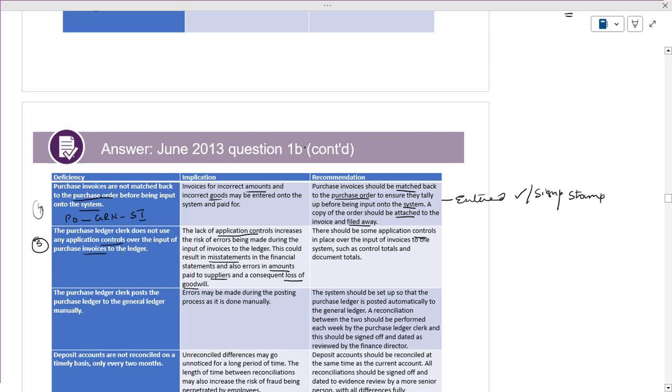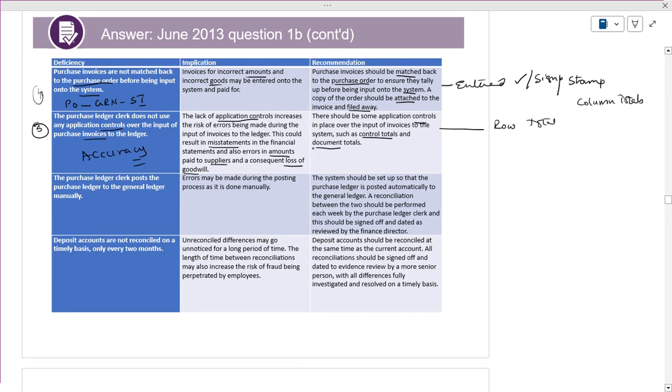Such as control totals, document totals. I told you, what you are doing, you will have row totals, you will have column totals. We are doing this for what? We are doing it for accuracy purposes. The purchase clerk posts the purchase ledger, everything he is doing.